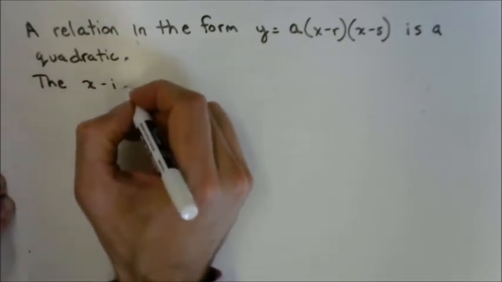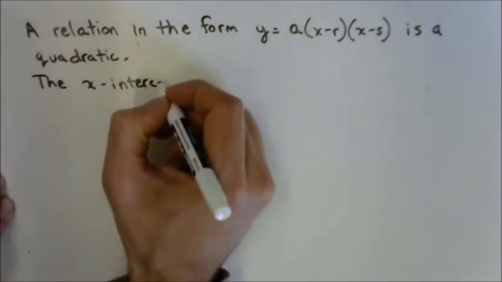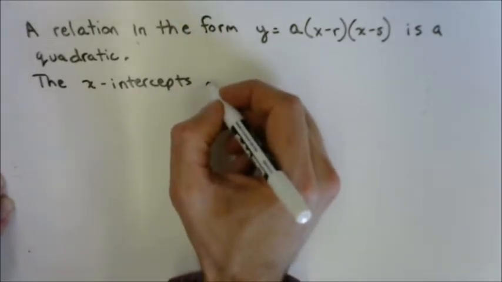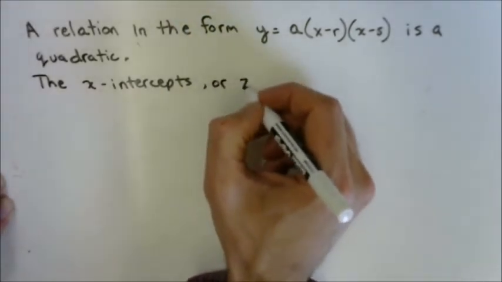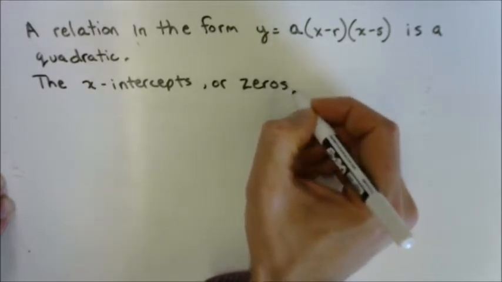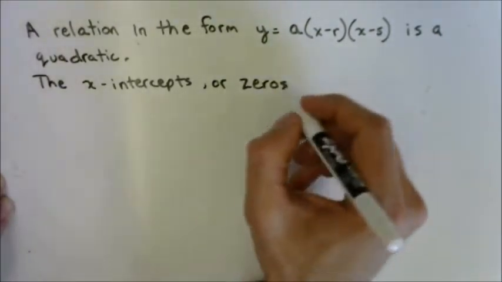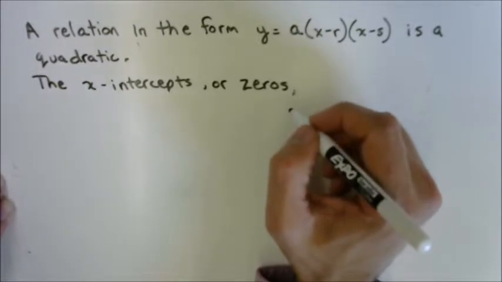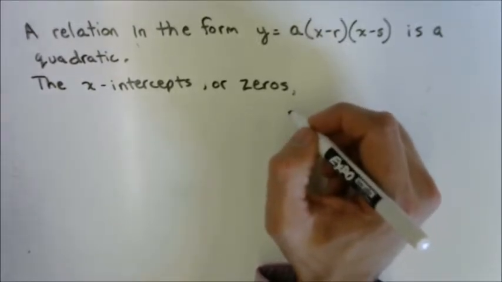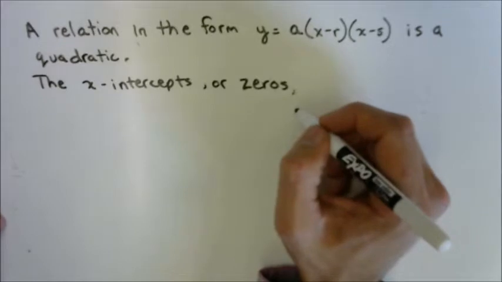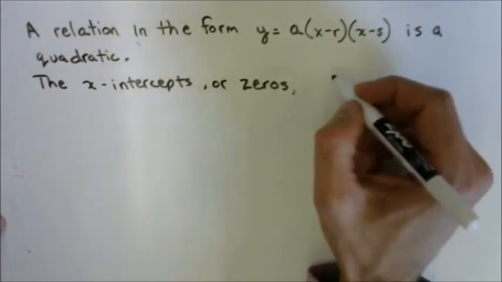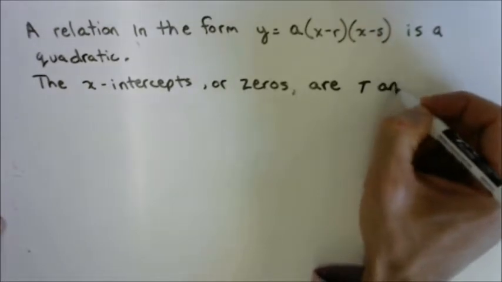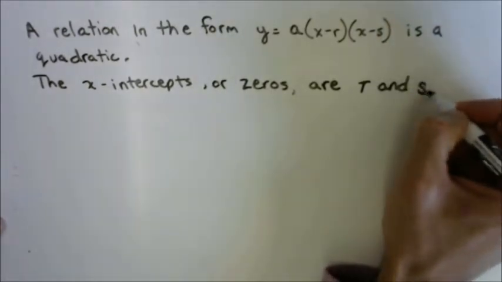The x-intercepts or zeros, we learned that word on Thursday, I believe. Zeros correspond to the x-intercepts, right? It's essentially two words for the same thing, although you use them in different contexts. You don't need to be super familiar with that. They are r and s.